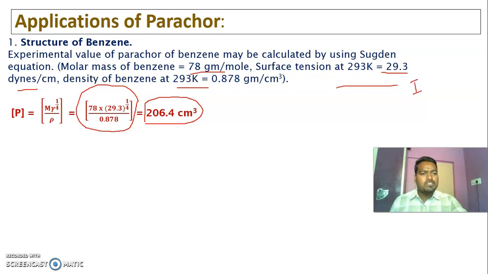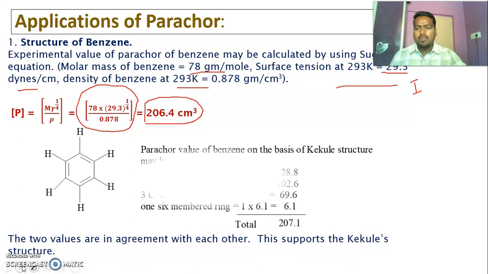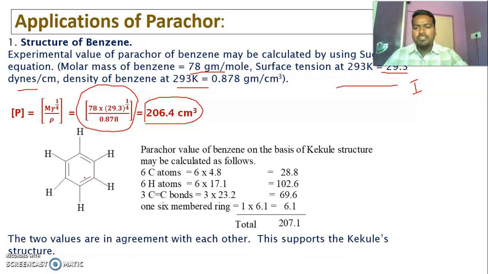We can also determine the Parachor value by using the Sugden data table, in which he has given atomic and structural Parachor separately. Now look at benzene. For benzene, it has 6 carbon atoms, in the Kekulé structure.